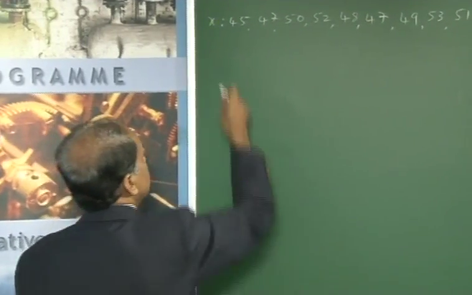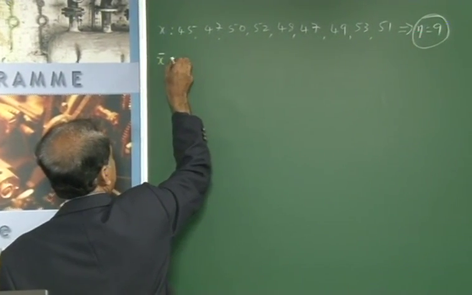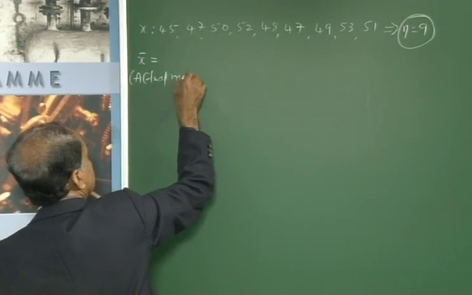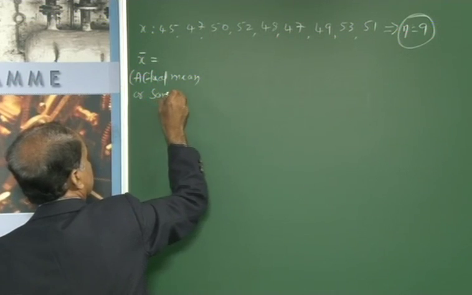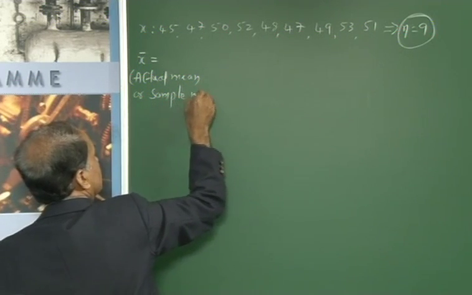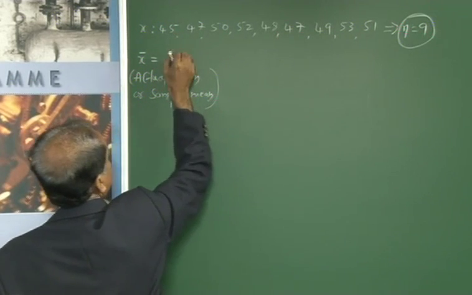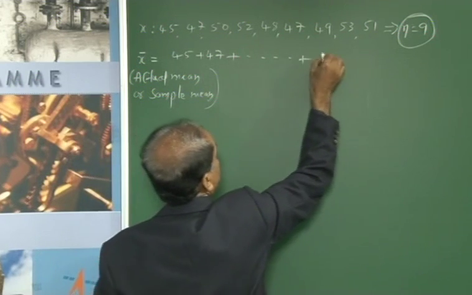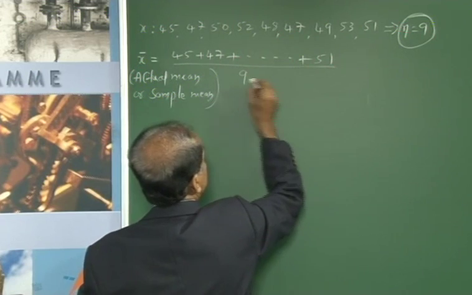Then I will calculate the arithmetic mean. We call it the actual mean or sample mean. Sample mean means 45 plus 47 plus so on plus 51, whole divided by 9.